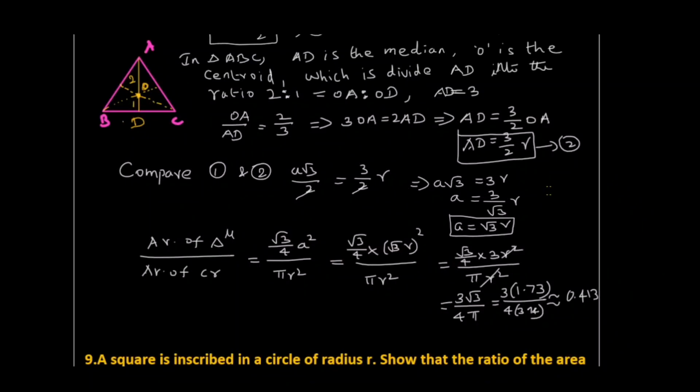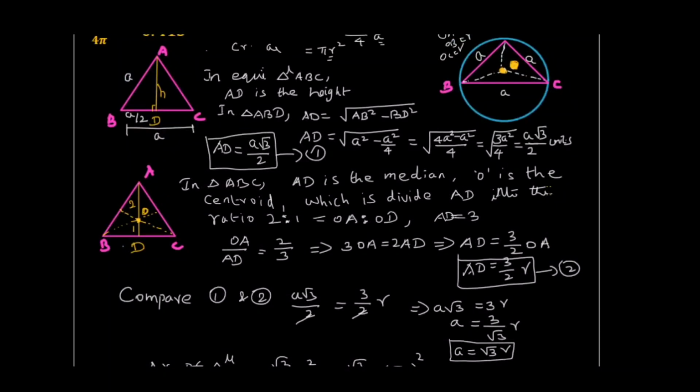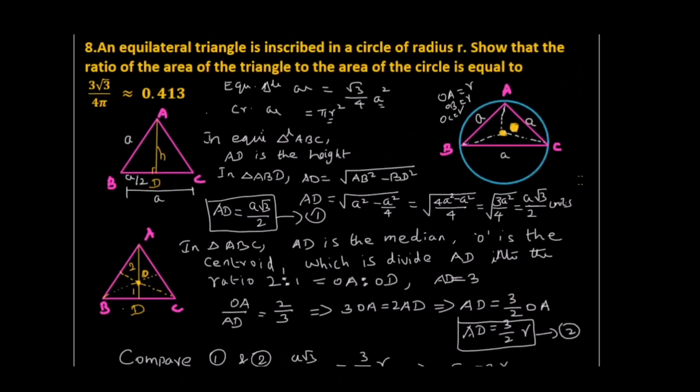So when an equilateral triangle is inscribed in a circle, first we need to find the relation between the side of the triangle and the radius of the circle. First we take the triangle and get the height, and we find one relation.